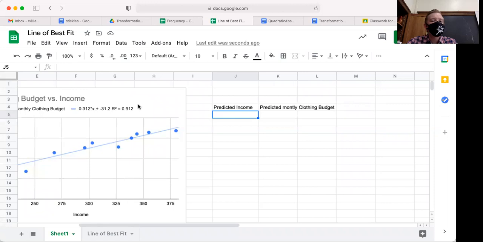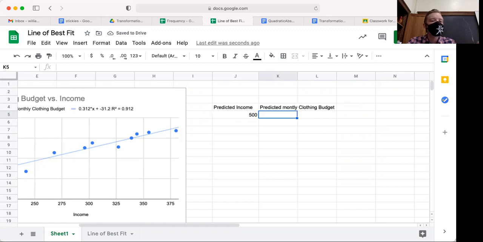We said that we want to estimate how much we think somebody's going to spend on clothing if they have an income of $500. So I'm going to put the $500 in the predicted income cell right there.